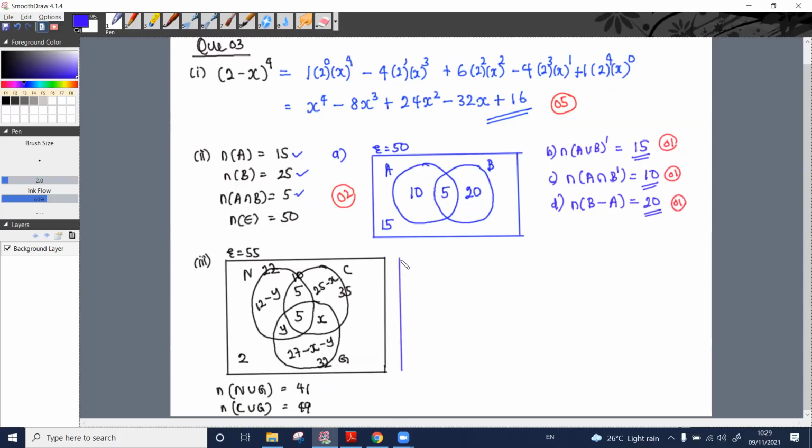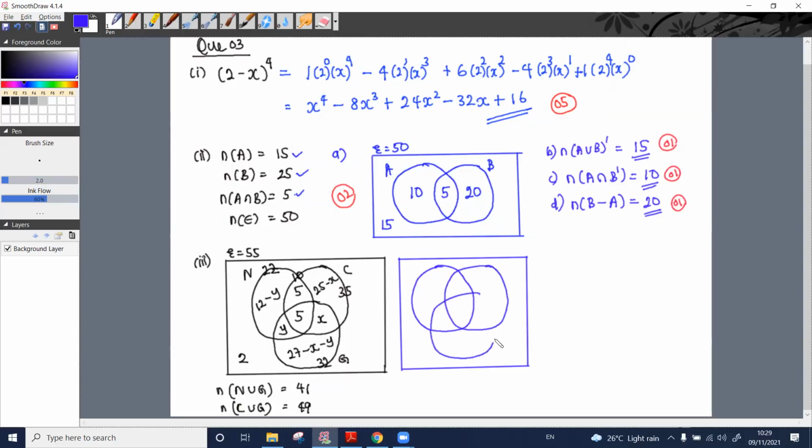If I have a cut Venn diagram, I will have the final one here. This is set of Nalin, set of Chaturanga, and set of Gyan. Nalin, Chaturanga, and Gyan. All together 55. Here it is 5. Here also 5. Right, outside these circles too.